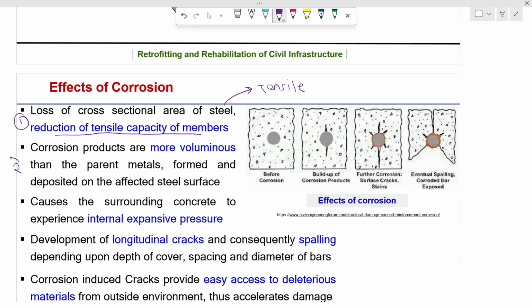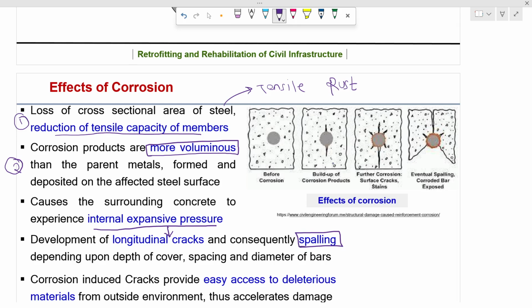So what is the second effect? As I told you, whatever corrosion product or rust is forming, that rust is more voluminous. Meaning the volume of that rust is more as compared to the original rebar. Because of that, your concrete feels expansive pressure, and because of the pressure there is a crack. So there are cracks on the concrete, as well as spalling.